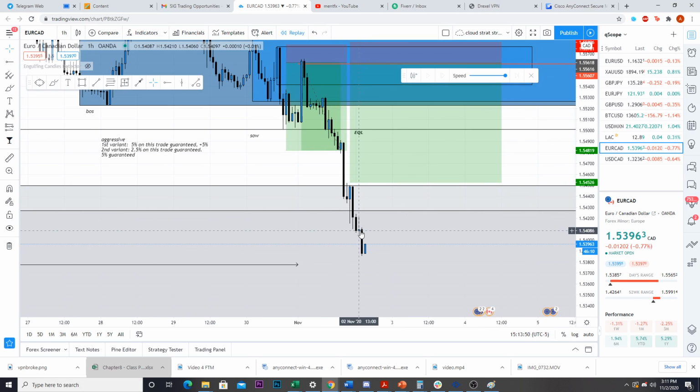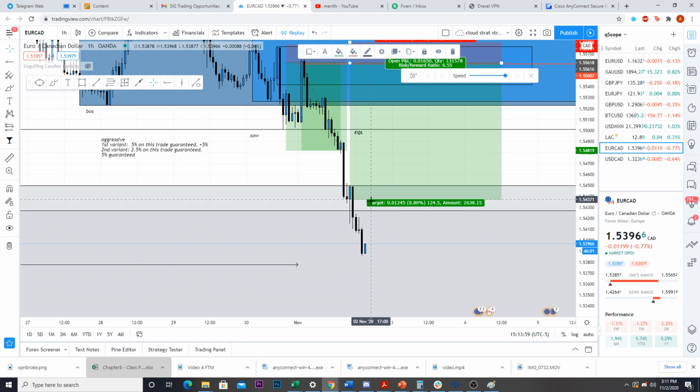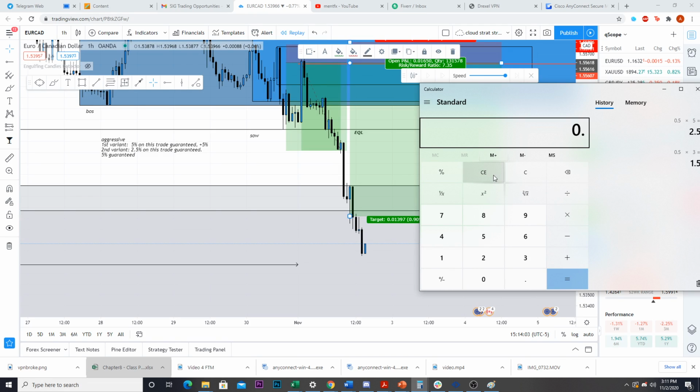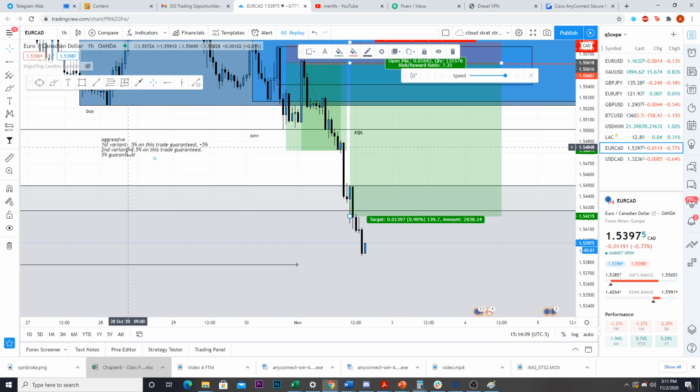And what you'll notice is we made this small little up move, continuation down. What we could do is since we're aggressively mitigating this trade and letting it follow, is we can move it up to here now. Locking in 1 to 7.35, right? Thereby locking in a guaranteed 3.67%, right?